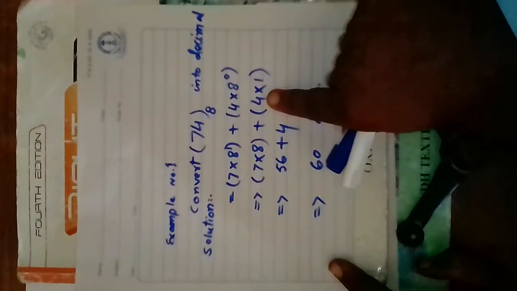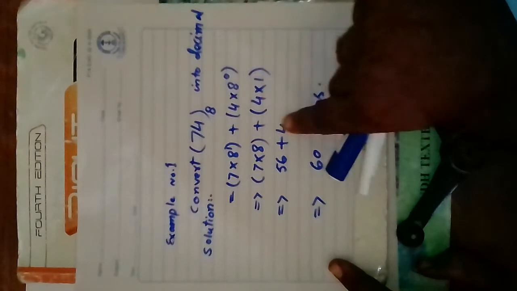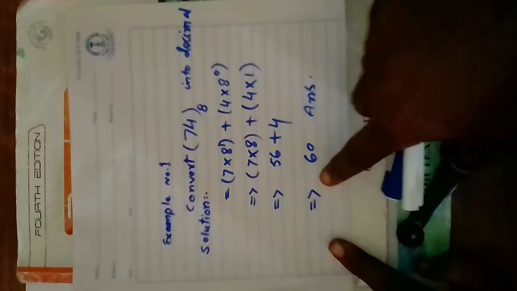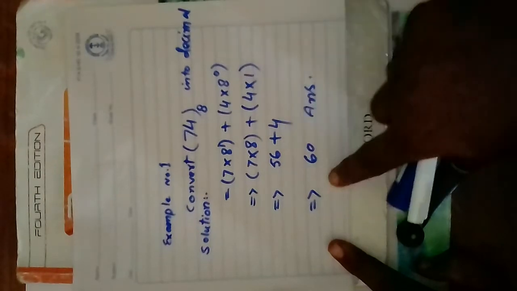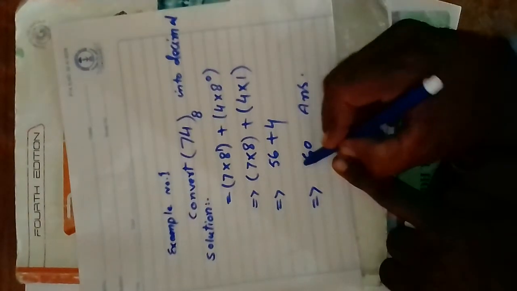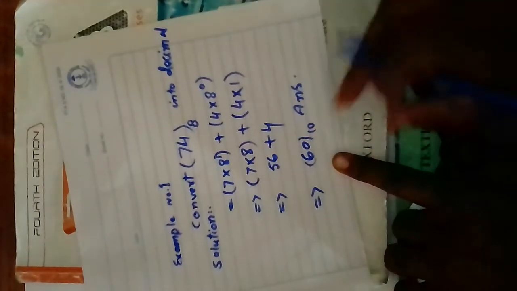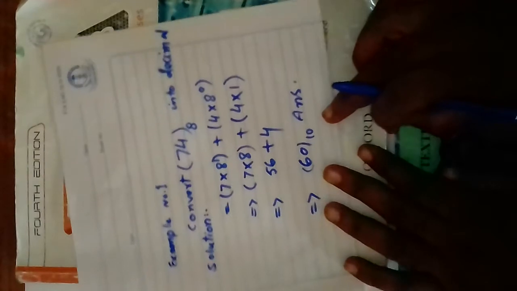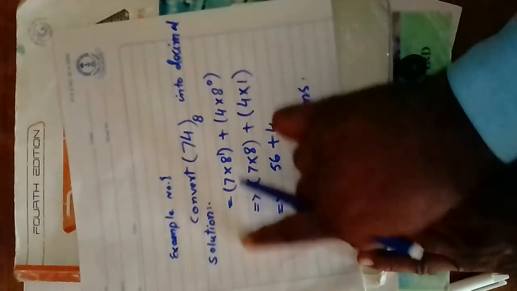Now we will multiply 4 into 1, there will be 4. When we add 56 plus 4, the answer will be 60, and we will write it down as base 10. So dear students, this is the answer to convert 74 into decimal.